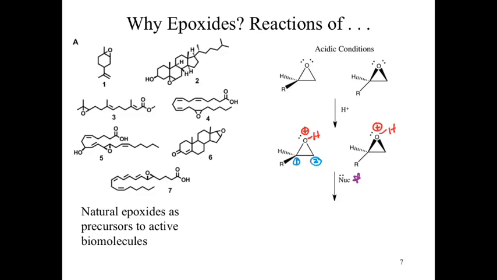Hopefully you will remember that carbon number 1 is more substituted, and the more substituted carbocation is more stable. So what ends up happening under the acidic condition is our nucleophile comes in and attacks carbon number 1, causing our OH to leave. And in our end result, we still end up with the trans alignment of our OH and our nucleophile.